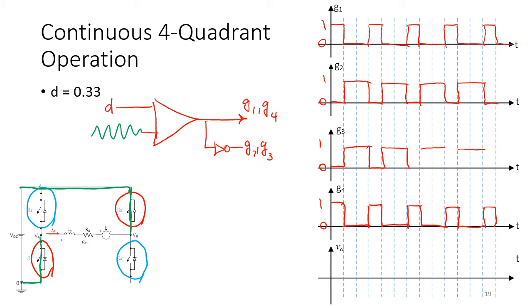The output voltage, the average voltage, will be the same as we found last time, but the waveform is not exactly the same.